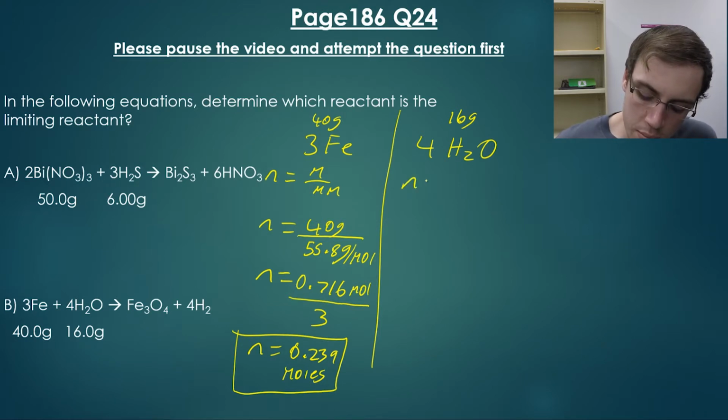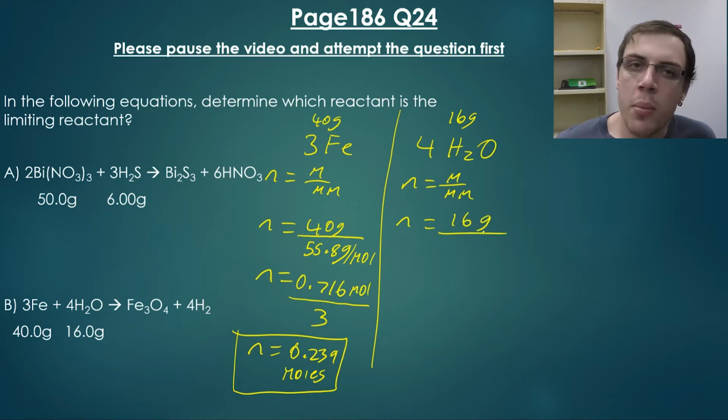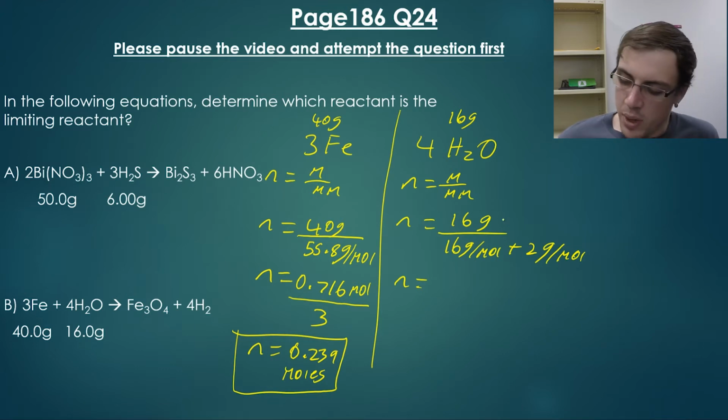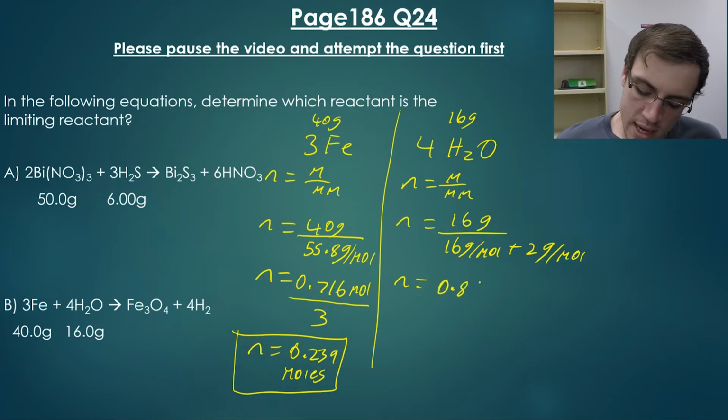Now we do the exact same thing for water. So we go moles, mass, molar mass. Moles is equal to the mass, which is 16 grams, divided by the molar mass. And that will give us, so we're going to have 16 divided by 18. So this is going to give us a total molar concentration of 0.88 mole.